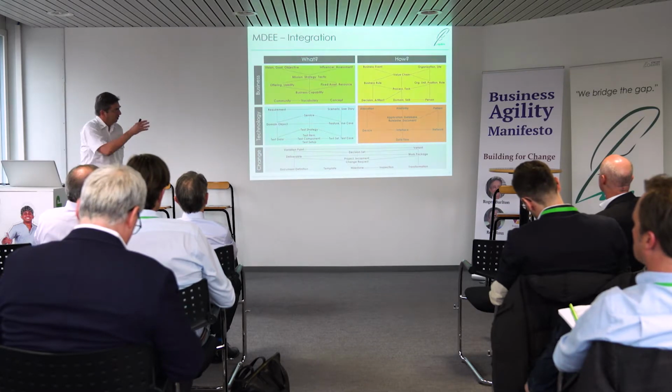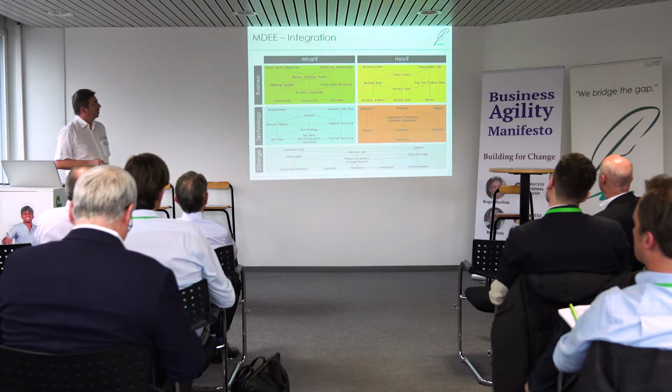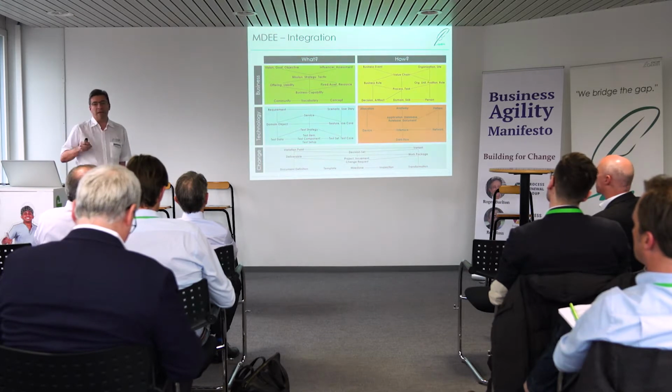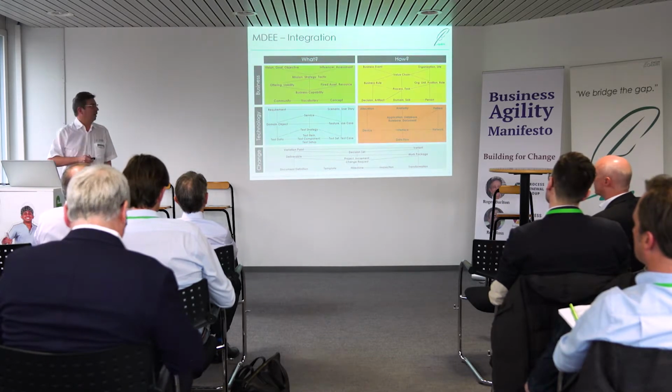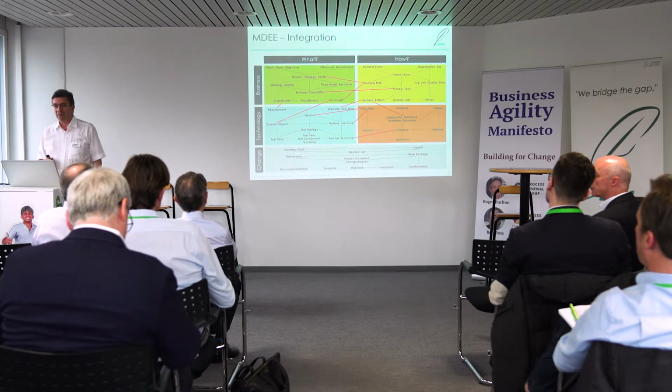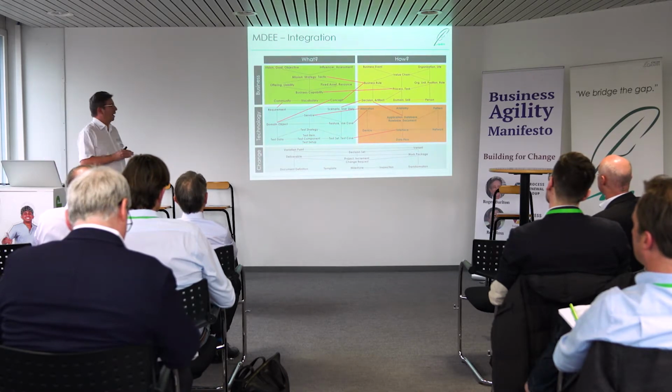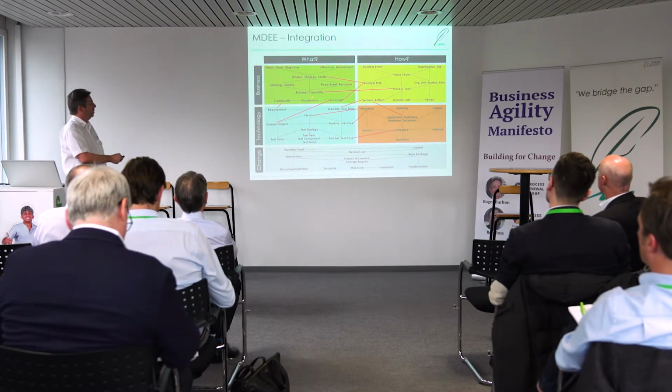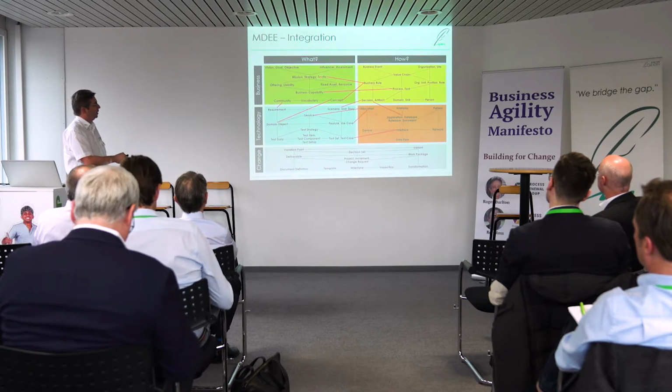So, if you see the whole picture, these are not just 5 independent quadrants. They are interconnected. So you have interconnections between strategies, for example, and rules that come out of strategies and tactics.